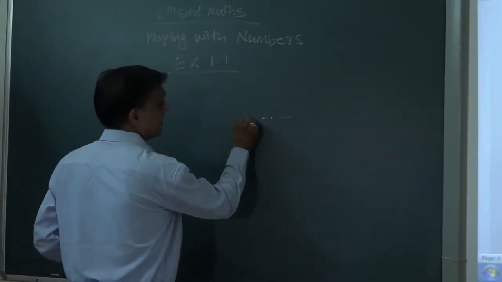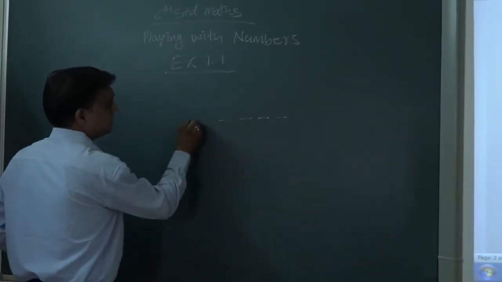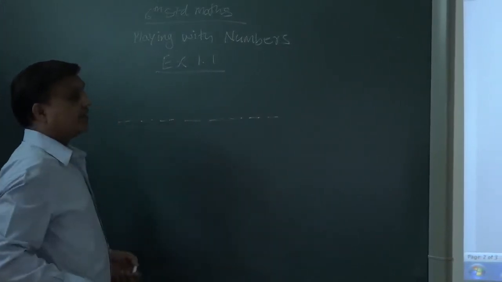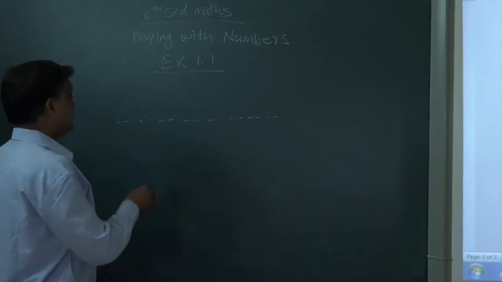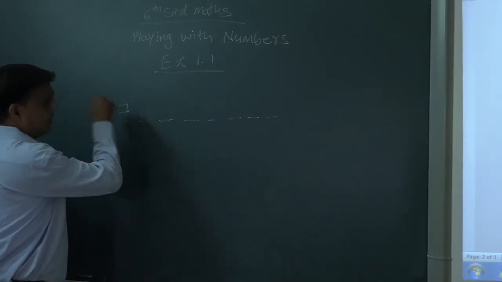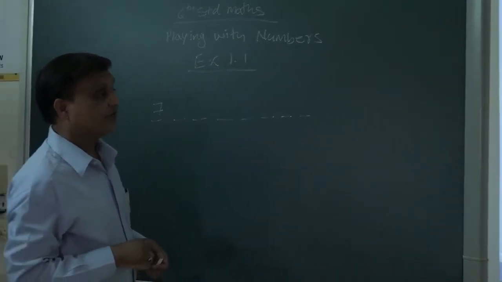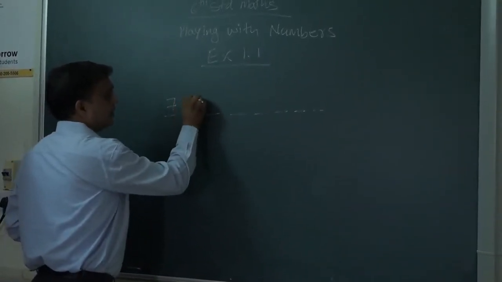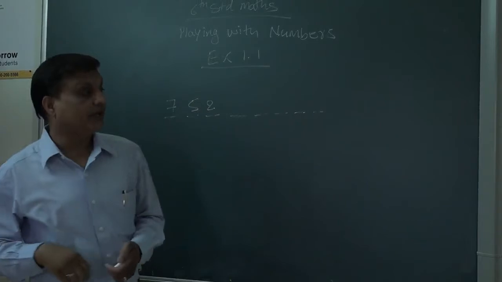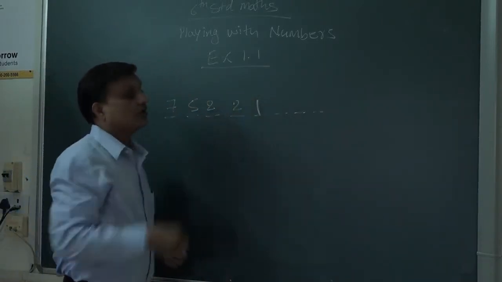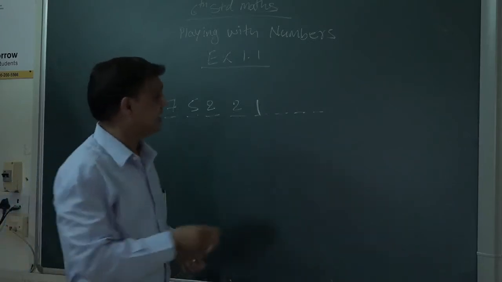So here 7 crore is given. Again we are taking it on the board. Just pay attention to the board. Here: ones, tens, hundreds, thousand, 10,000, lakh, 10 lakh, crore. Again the number is in crore. How many crores? 7 crores. After 7 crore, how many lakhs? 52 lakhs.